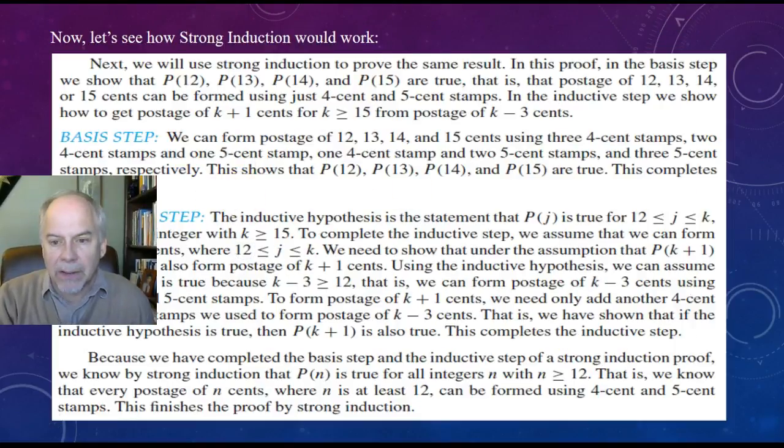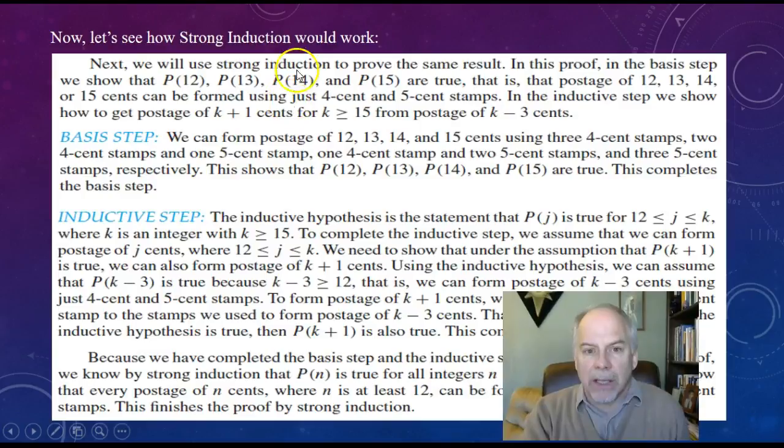Now, the strong induction would work a little bit differently. Look at the basis step for this. We could form postage of 12, 13, 14, and 15 cents using three 4-cent stamps, that'll give you your 12, or two 4-cent stamps and one 5-cent stamp, that'll give you 13, or one 4-cent stamp and two 5-cent stamps, that'll give you 14 cents, and then three 5-cent stamps, that'll give you 15 cents.